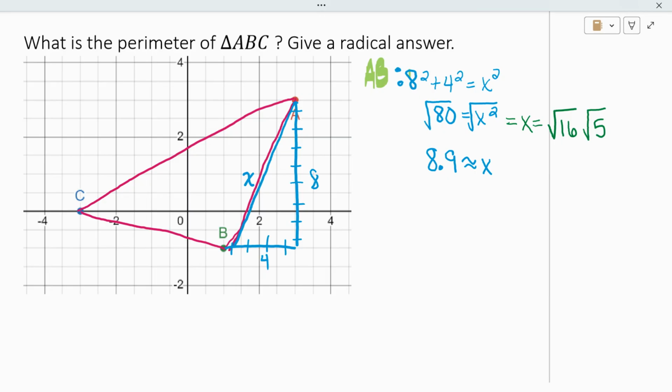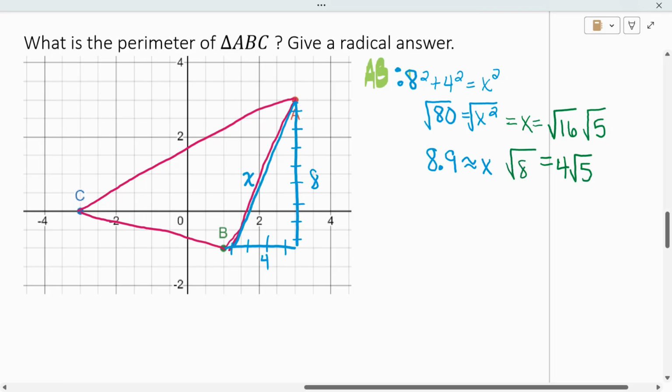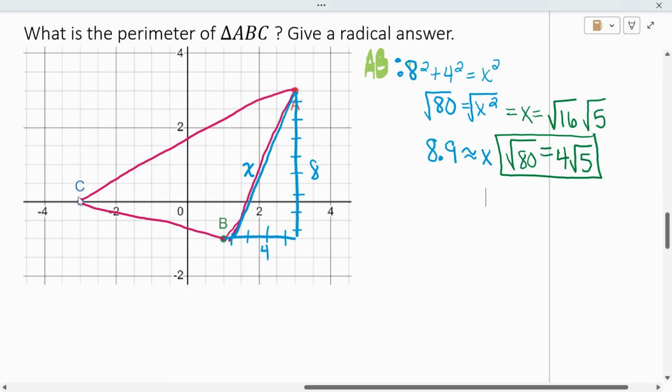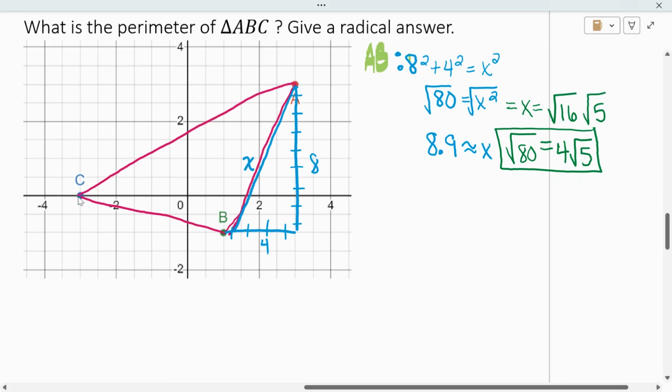So the square root of 80 is the same thing as 4 times the square root of 5. That's what it means by give a radical answer. Okay? All right. Let's find BC.